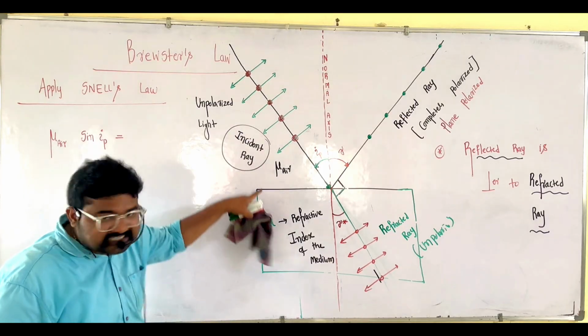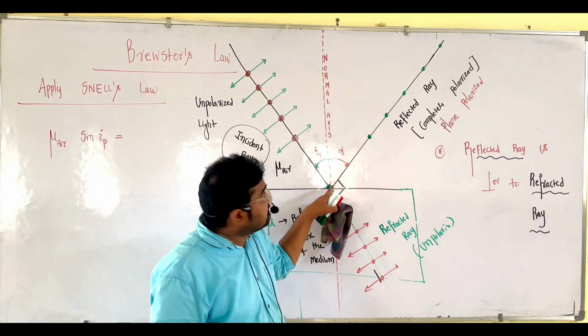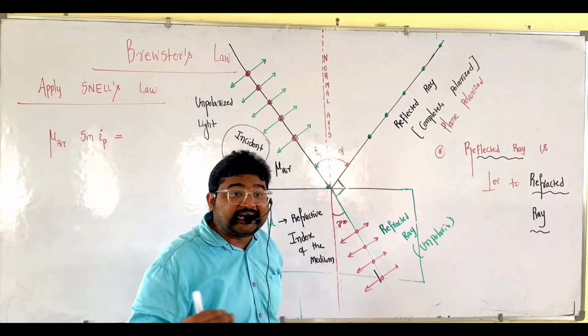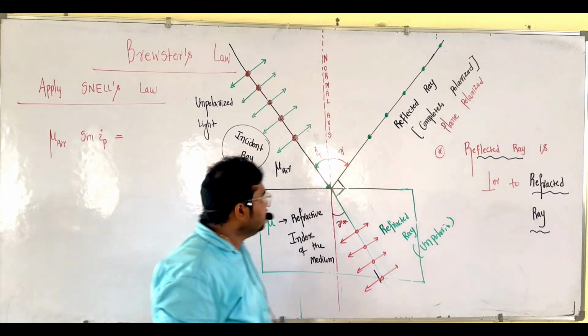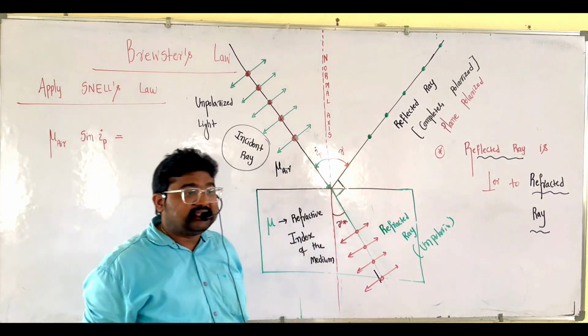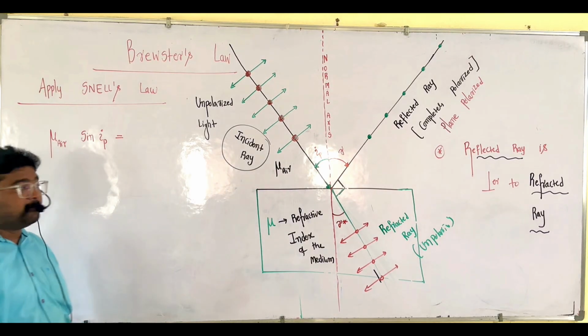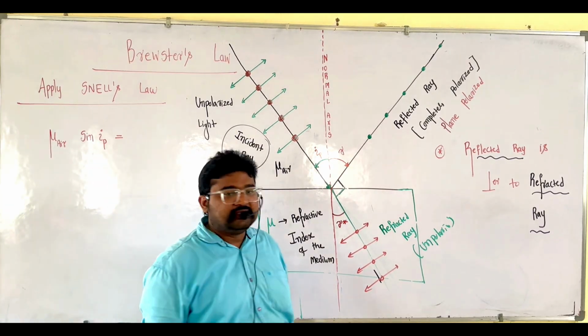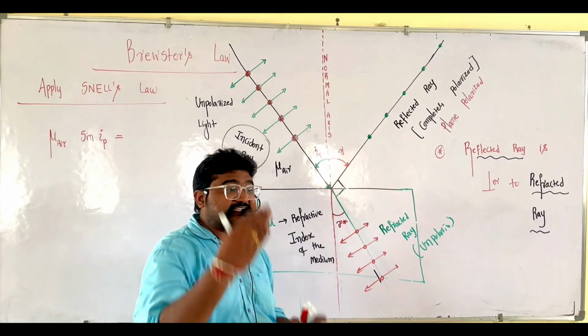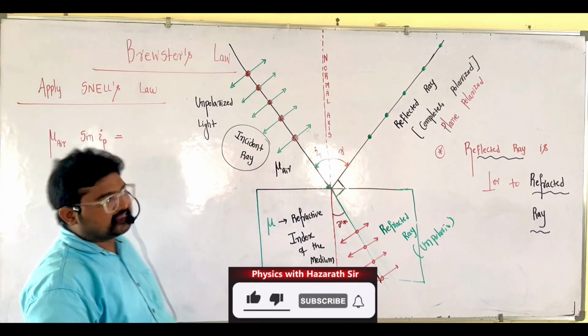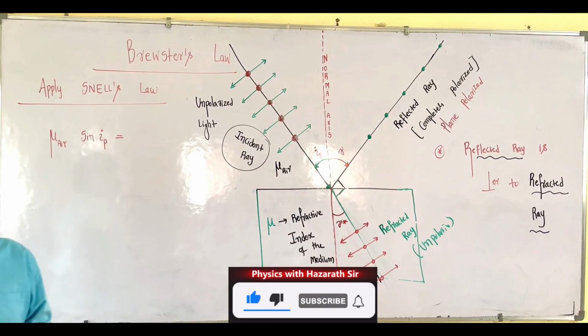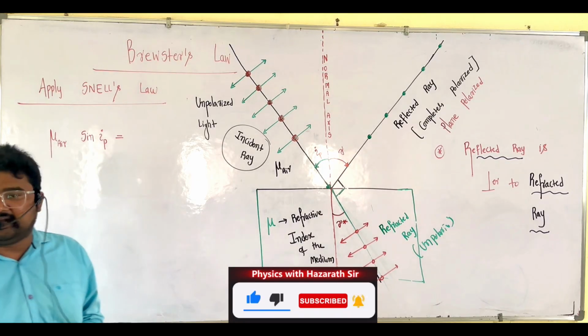This is the incident ray. This is what? Reflected ray. Reflected to the same medium, refracted through the different medium. That is the refraction, the bending nature of light. It is refracted, it is bent. Clear? That I will explain. Away from the normal, towards the normal, that we need to discuss.